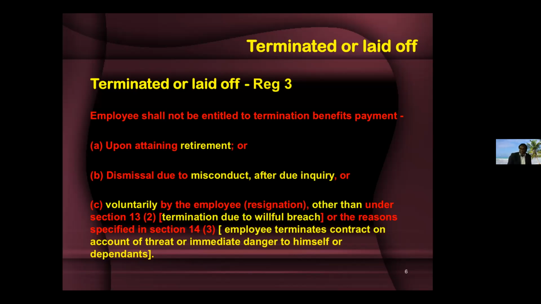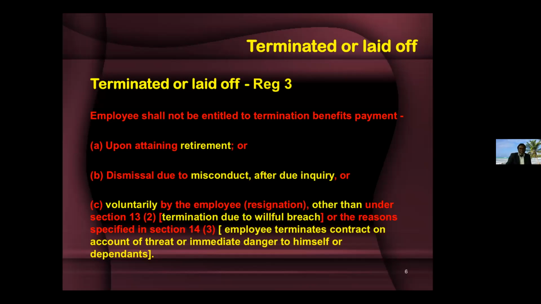Let's say the employer orders the employee to breach the CMCO regulations on work from home and requests him to come on the day where he's not supposed to come to the office, well, the employee has a right to claim willful breach. And in case the claim becomes successful at the Labour Department, then the employer is bound to pay termination benefits. So that is just one example of willful breach.